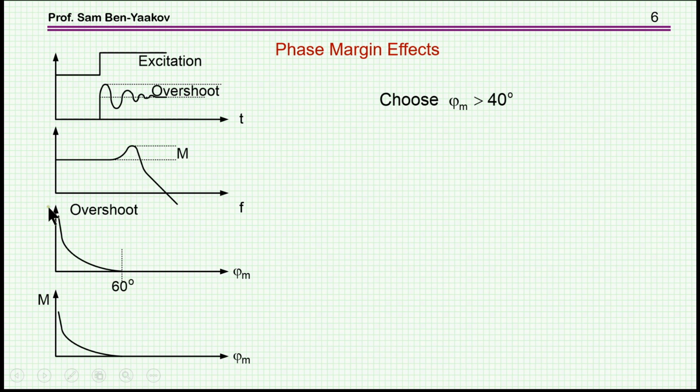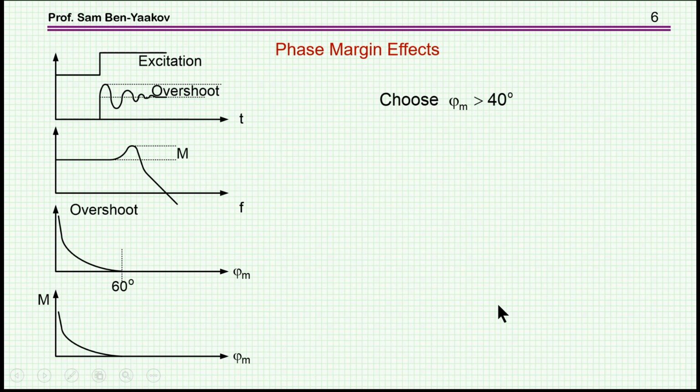This overshoot and this peaking is a function of the phase margin. The smaller the phase margin, the higher is the disturbance. So we would like to have the system working above 40-45 degrees of phase margin, say 45 degrees and up.